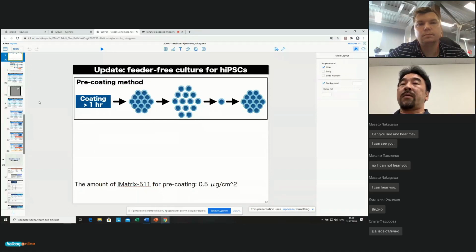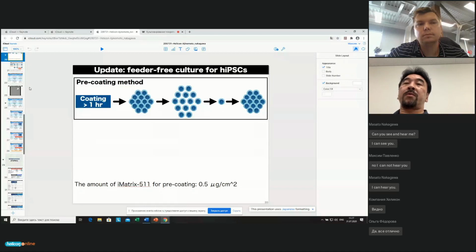After coating, we dissociate the iPS colony into single cells, and the single cells are plated in the iMatrix-coated cell culture dish. This is the first iMatrix coating method in the feeder-free culture system, called the pre-coating method. This is the normal method, and we use 0.5 microgram per square centimeter of iMatrix-511 for this pre-coating.